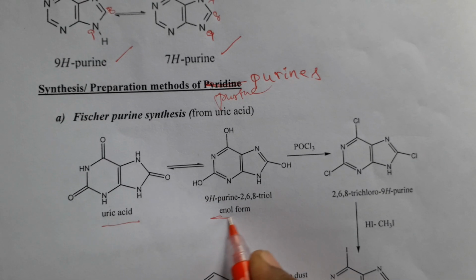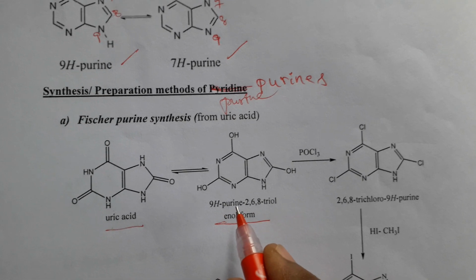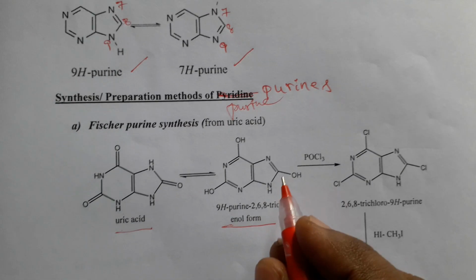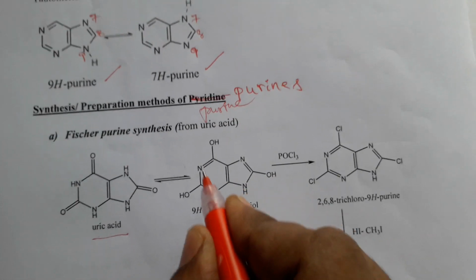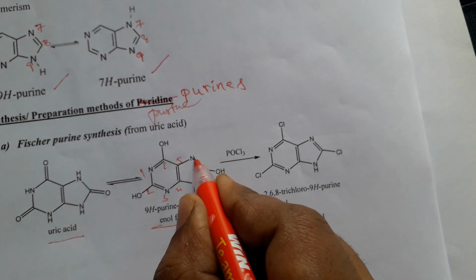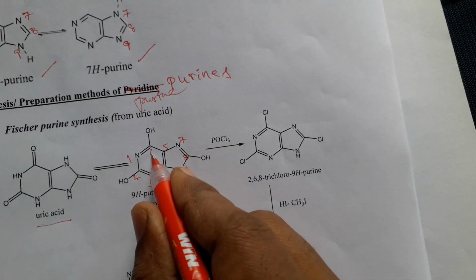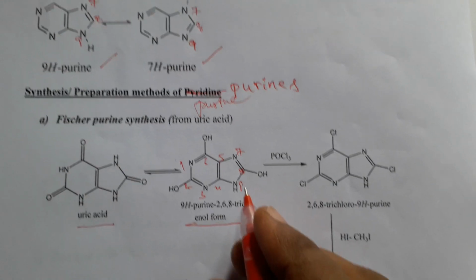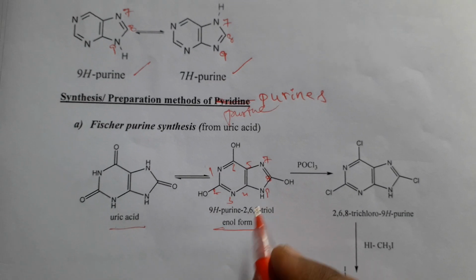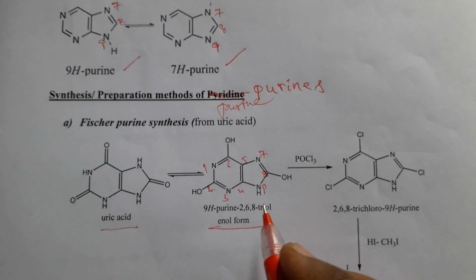This is the enol form of that uric acid structure, which is also considered 9H purine 2,6,8-triol. So this is the first position, second, third, fourth, fifth, sixth, seventh, eighth, ninth position. So at the second, sixth, and eighth positions we have alcohols, so it is purine 2,6,8-triol.